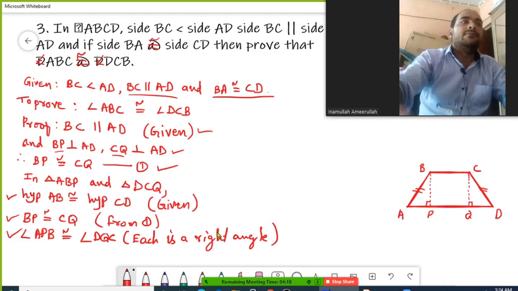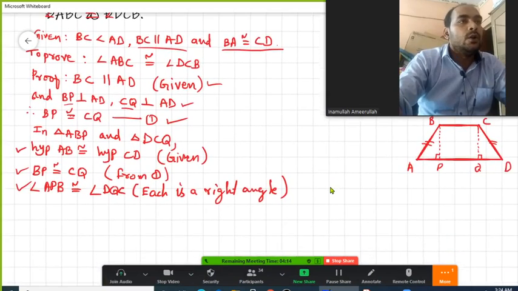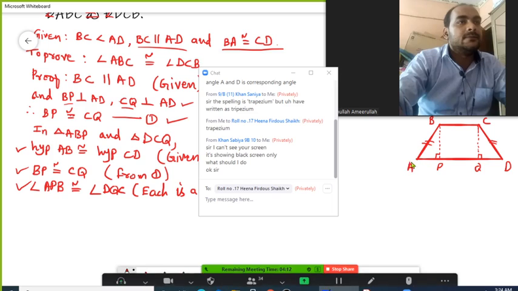This is sufficient to say that these two triangles are congruent by the hypotenuse side test.